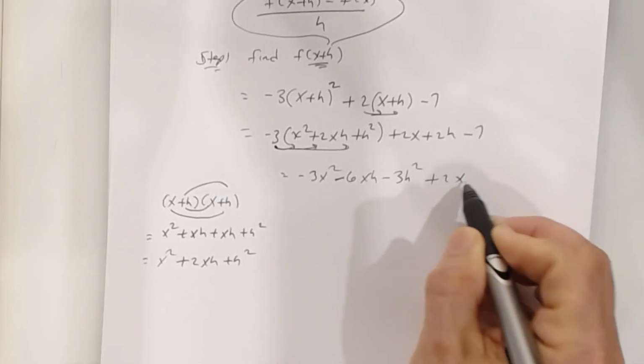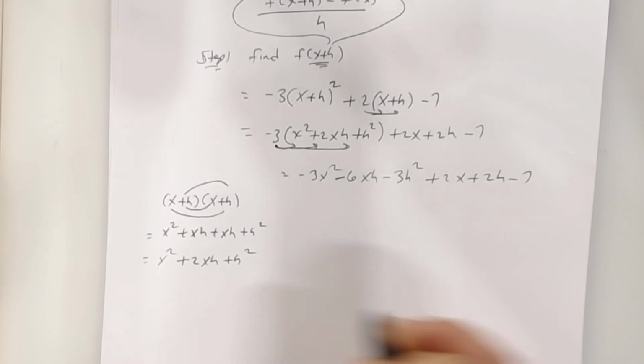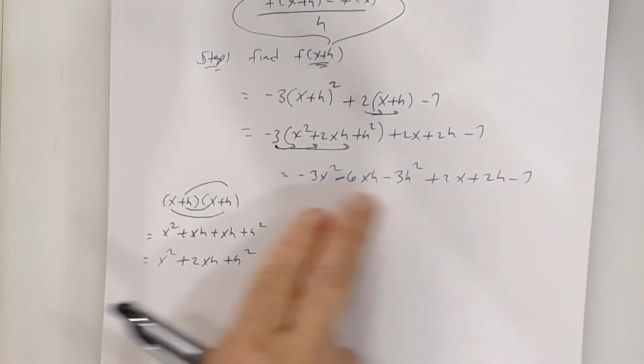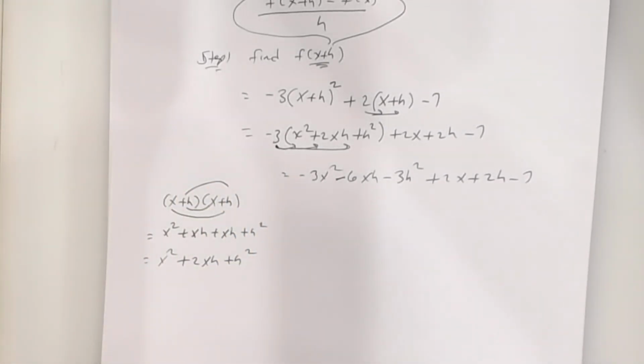And then write everything else over. Now there's nothing you can combine here. No terms are alike. All right, so we're done with step 1. The rest is easy. You just have to make sure that all the terms in step 1 are correct though.